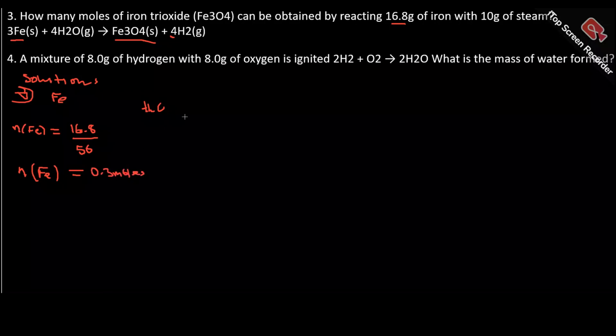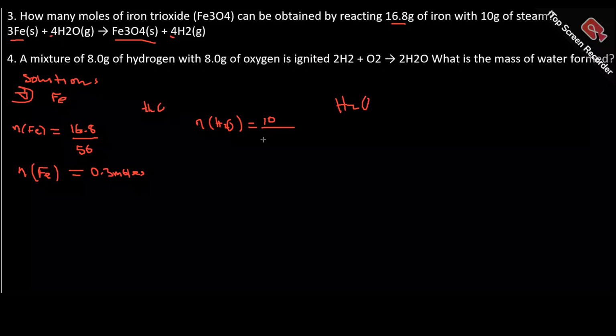What else? You go for H2O. The number of grams is 10 divided by the molar mass of H2O. I'm not including this 4. Just taking the H2O the way it is.